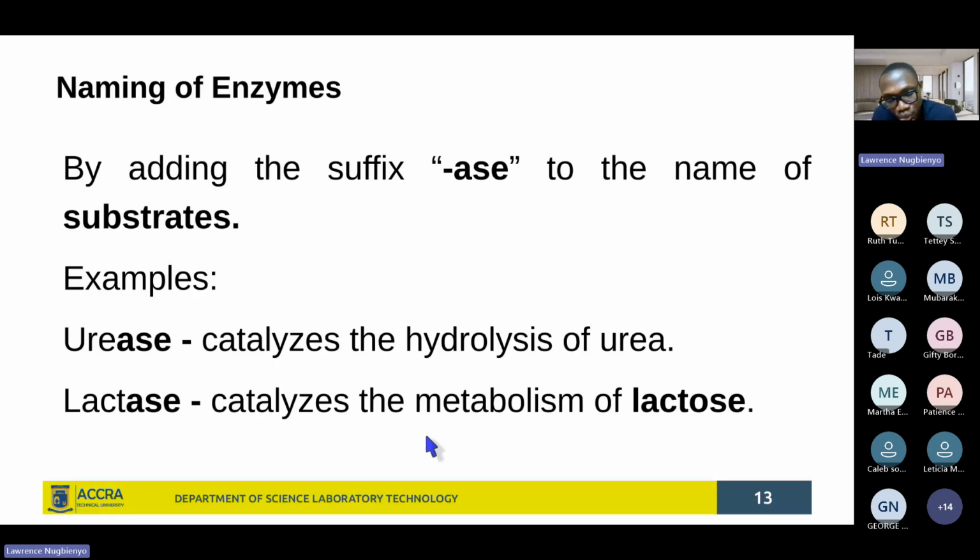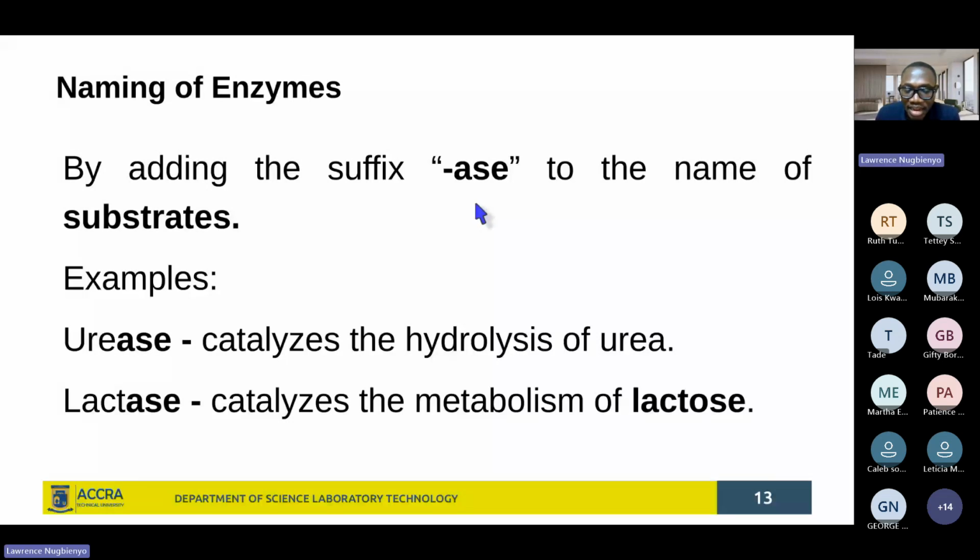Now let's continue to look at some naming. How do we name enzymes? Enzymes are named in different ways. One of the ways is to add a suffix or the ending ase, A-S-E, to the name of the substrate on which the enzyme is acting.